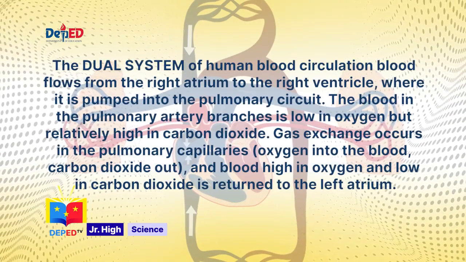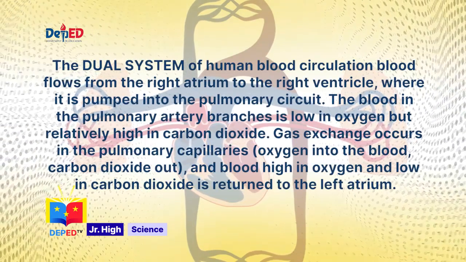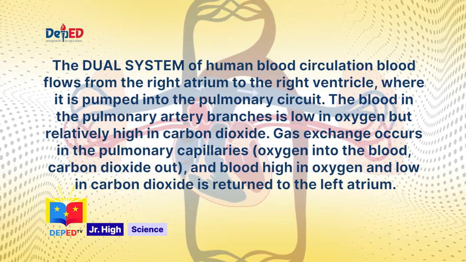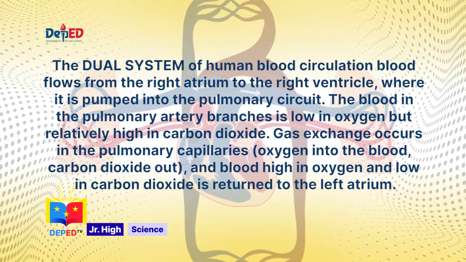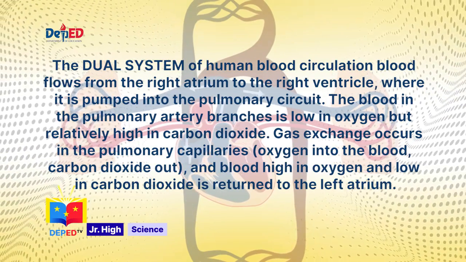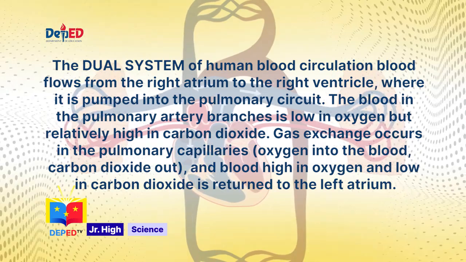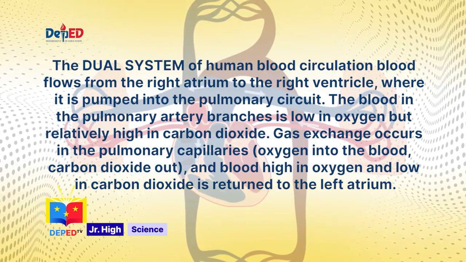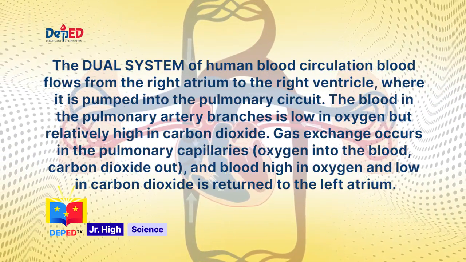Dual system of the human blood circulation. Blood flows from the right atrium to the right ventricle, where it is pumped into the pulmonary circuit. The blood in the pulmonary artery branches is low in oxygen, but relatively high in carbon dioxide.